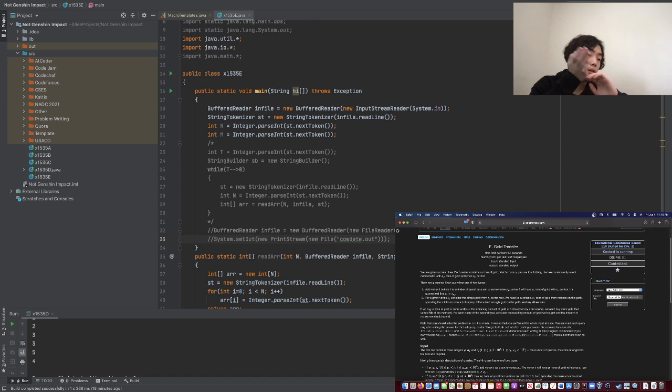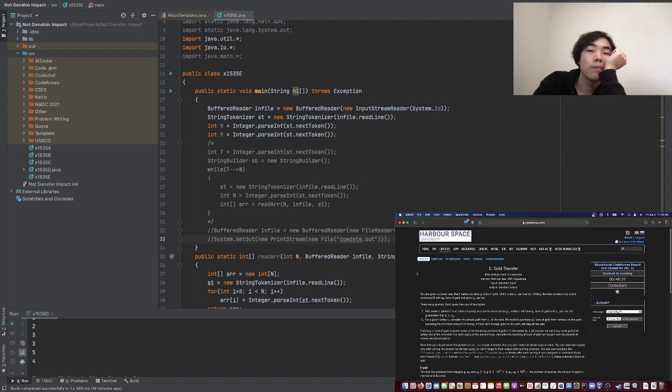If we had the entire tree, oh, does that work?